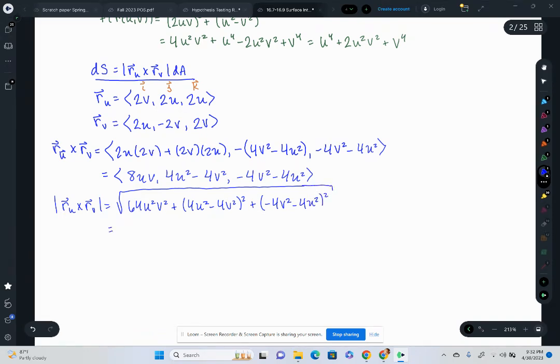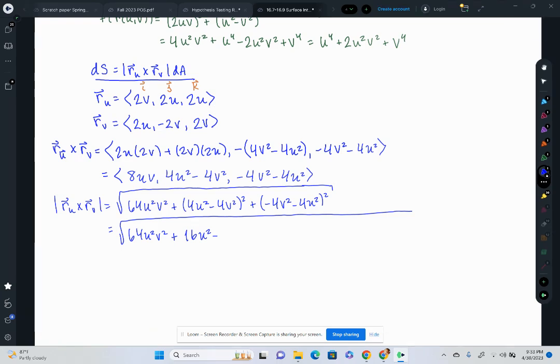This is going to take a little bit of work. So we have the 64u squared v squared plus, and I have to FOIL each of these out. I get 16u squared minus 4 times 4 is 16 times 2 is 32u squared v squared plus 16v squared, plus, and I FOIL the last term, I get 16v to the fourth.